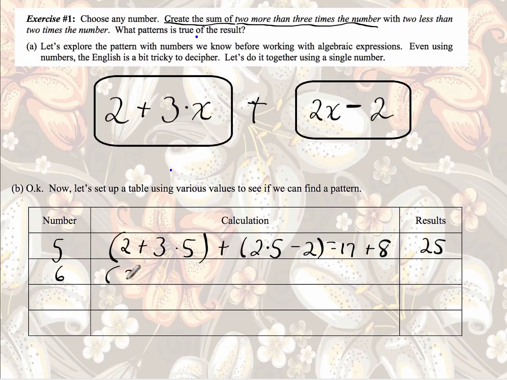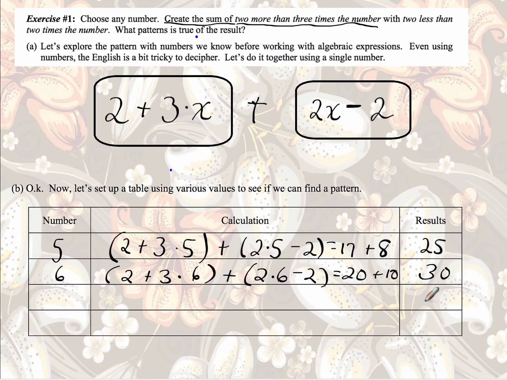So 2 plus 3 times 6 plus 2 times 6 minus 2. Right? I was just putting my numbers in for x. So 18 plus 2 is 20. 12 minus 2 is 10, and I'm adding together to get 30.